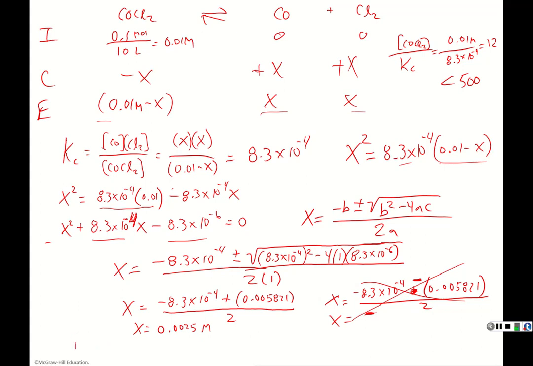So that concentration at equilibrium for phosgene is 0.0075 molar. And both of our products are just going to be x, which would be 0.0025 molar.